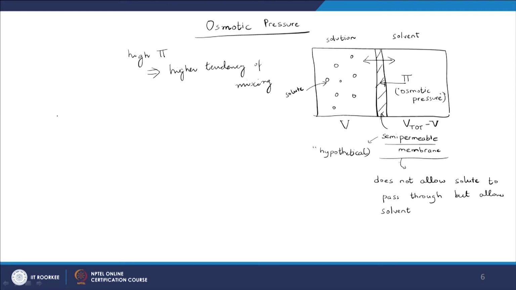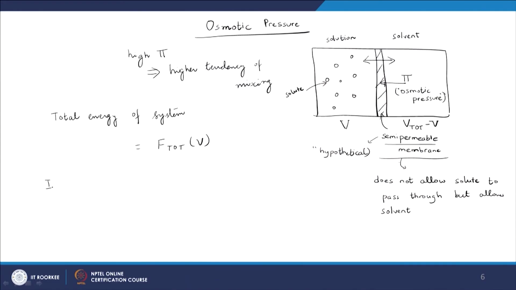So, let us now say that the total energy of the system that I have just drawn is, say, F dot of V. If I am moving the membrane by a small volume dV, the work done is my osmotic pressure multiplied by dV.